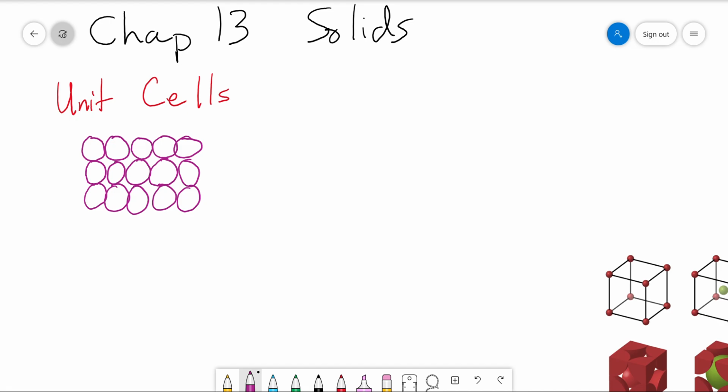Okay, so if we have all these pennies here, first off, this is definitely not the most efficient way we could pack these, but we can have what we call a unit cell that connects those 4 points, let's say.